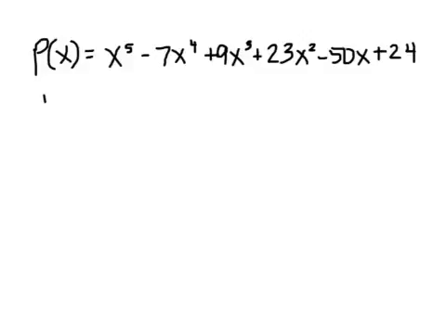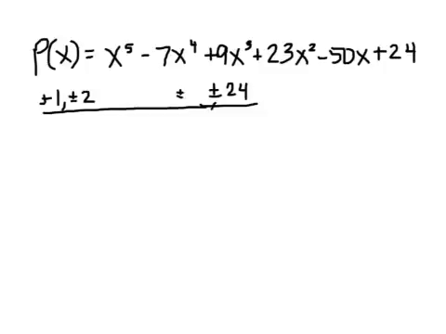So the first thing I want to do is have you guys come up with what times what gives you the constant. 1 and 24 multiply together to give me 24. 2 and 12 multiply together to give you 24. 3 and 8 multiply together to give you 24. 4 and 6 multiply together to give you 24.